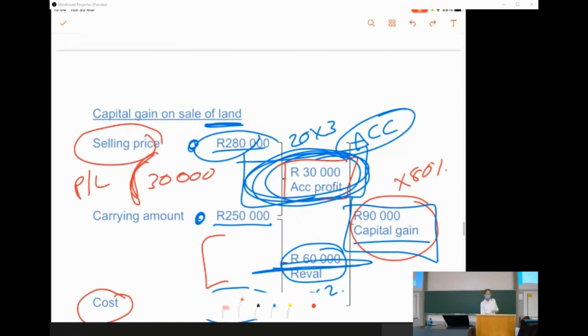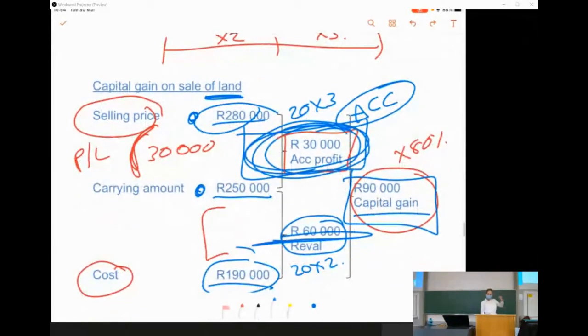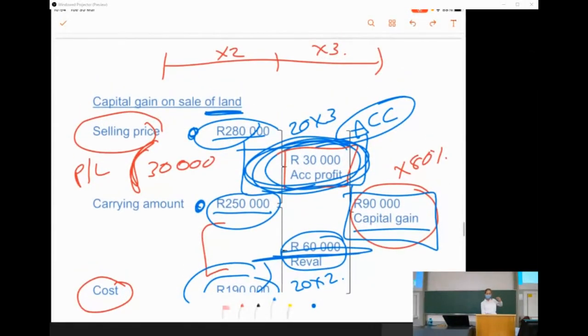So why it's a temporary difference, if we look at X2 versus X3, is that for accounting purposes we showed that gain in OCI between the 190 and the 250, so that was 60,000. We showed that gain in 20X2 for accounting purposes. However, only when we sell the asset are we going to be taxed on that portion.